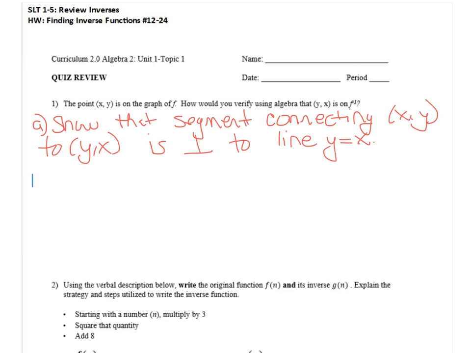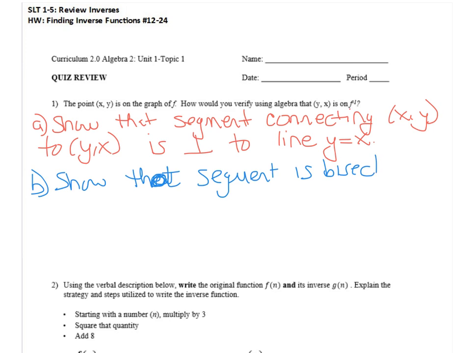And second, we have to show that the segment is bisected by y equals x.